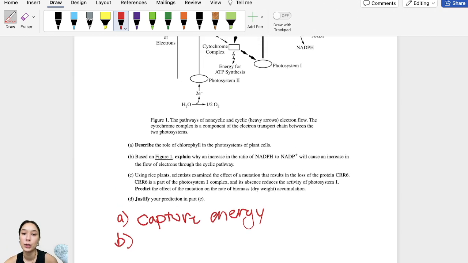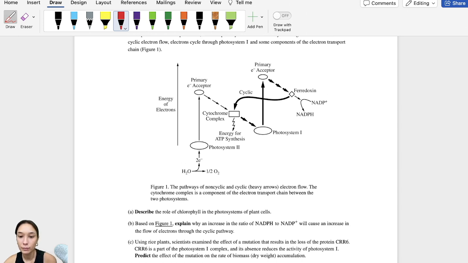Okay, so let's go back to our diagram. So increase the ratio of NADPH to NADP plus. So that's what's going on over here. So what that means is we have now more NADPH than we have NADP plus. Now, why would that cause cyclic electron flow, right? Where it would go back here. Now, the reason for that is very similar to our types of metabolism, right?